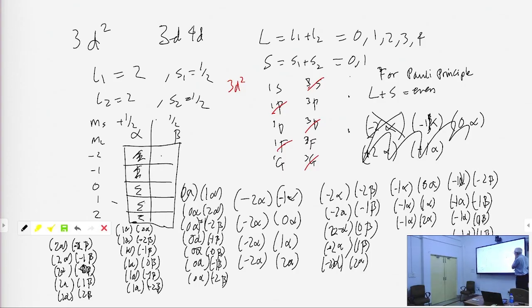Let's do the rest quickly. So we need the ones which start with minus 2 beta. They're not so many now, we're getting less of them.